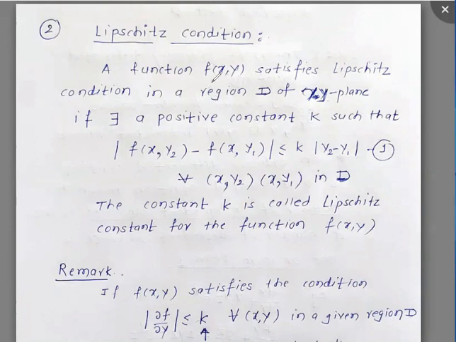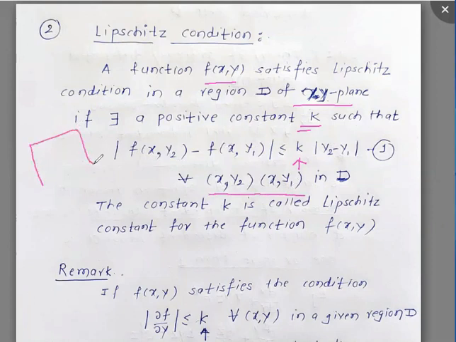We say that a function f(x,y) satisfies the Lipschitz condition in a region D of the xy plane if there exists a positive constant k such that the modulus of this difference, f of x comma y2 minus f of x comma y1, that means the positive value of this difference, is less than or equal to this constant k times mod of y2 minus y1 for all points x comma y2 and x comma y1 in the region D.